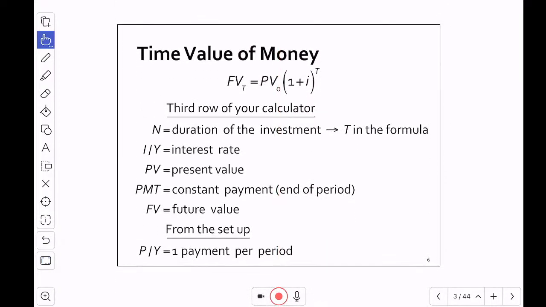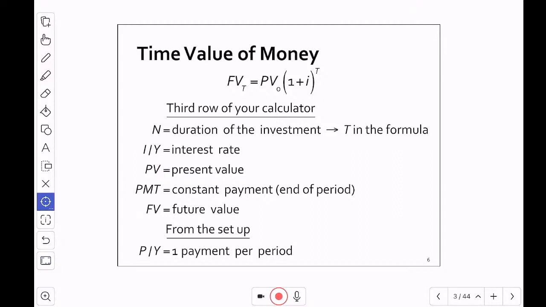We talked about the basic time value of money expression, the relationship, the formula. This is found on the third row of your calculator, where N represents the duration of the investment, where it's really T in the formula. N is used on the calculator. I by Y is the interest per year, but it's like interest per period, right?